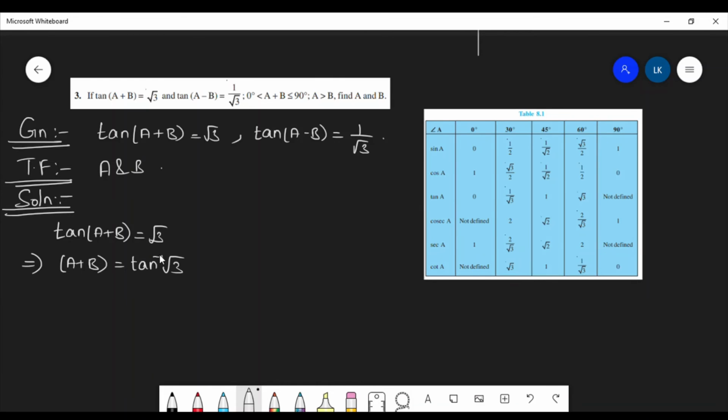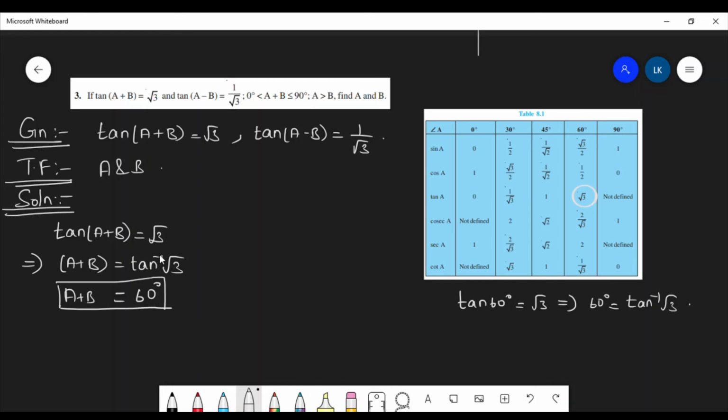Now see the tabular column where it is root 3 in tan A. Tan 60 degrees is equal to root 3, which implies 60 degrees is equal to tan inverse of root 3. Therefore, substitute tan inverse of root 3 as 60 degrees. Therefore A plus B is equal to 60 degrees.